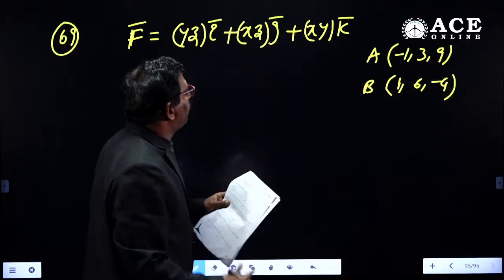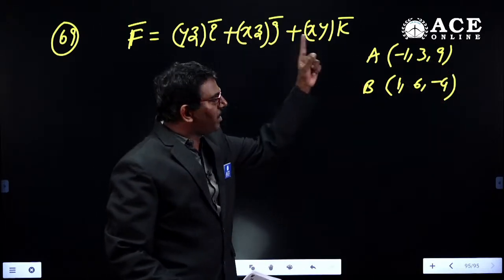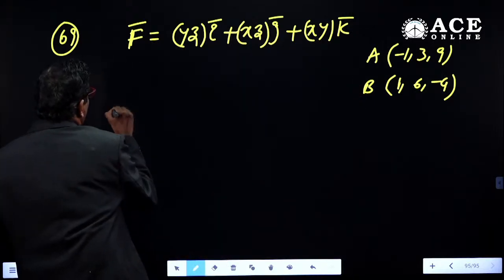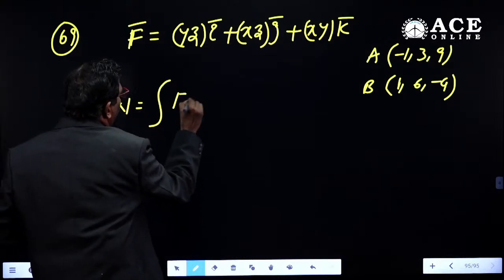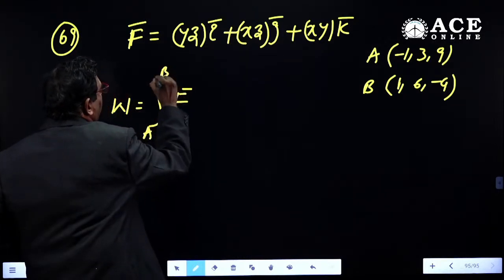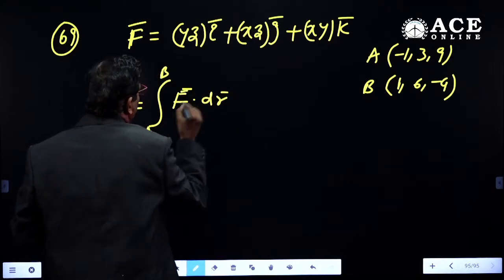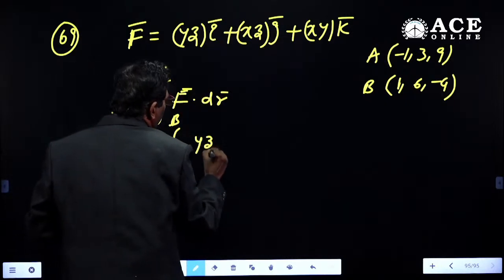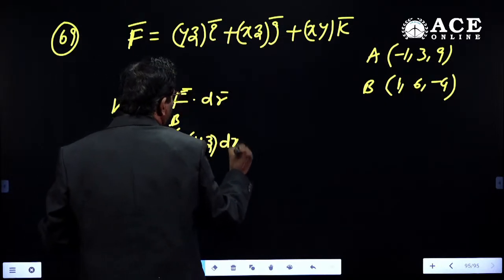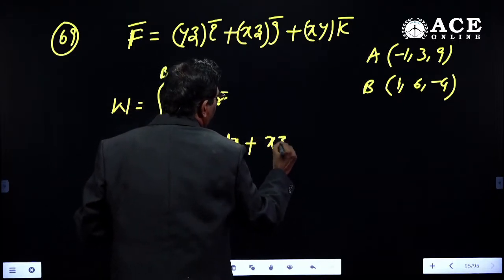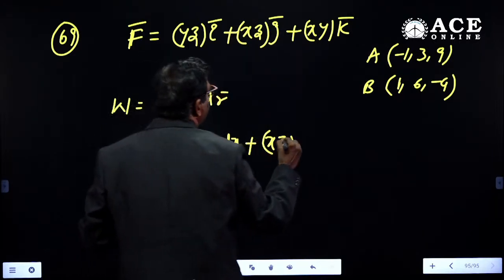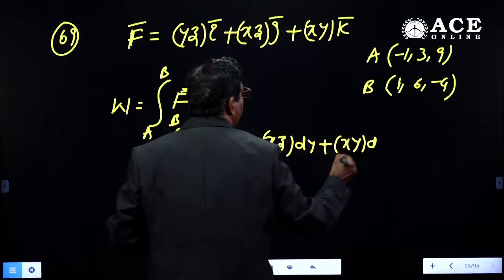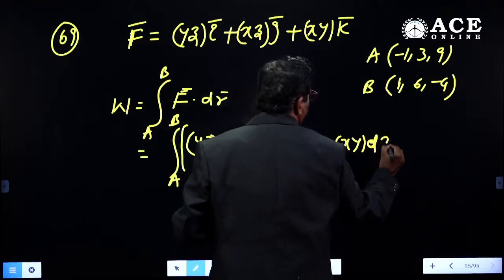Work done by the conservative field along the path joining these two points is required. Work done W is nothing but the line integral from A to B of F bar dot dr bar, which gives yz dx plus xz dy plus xy dz.